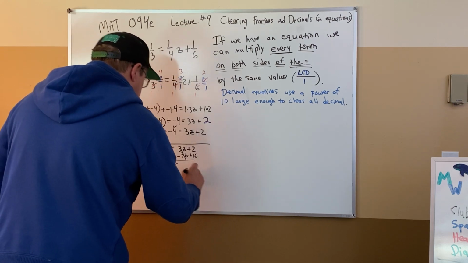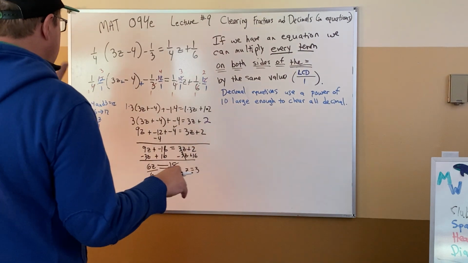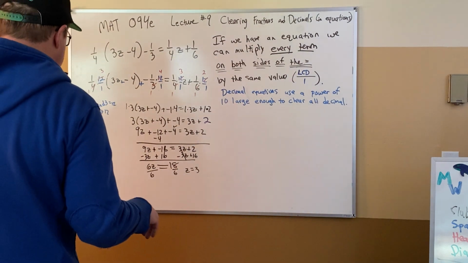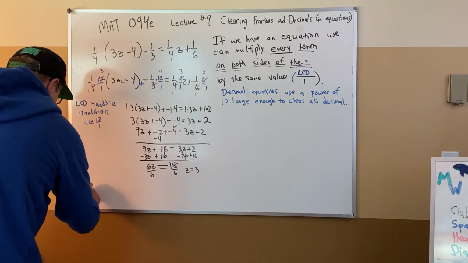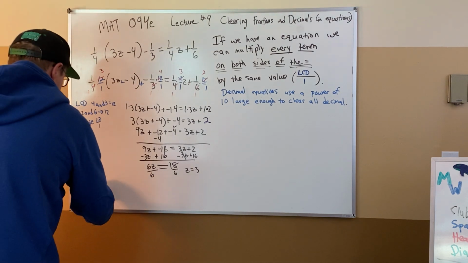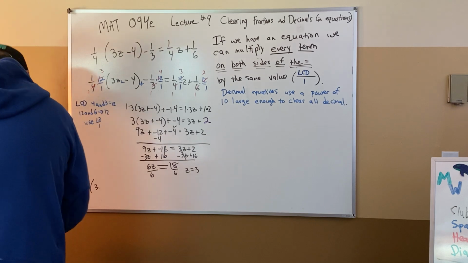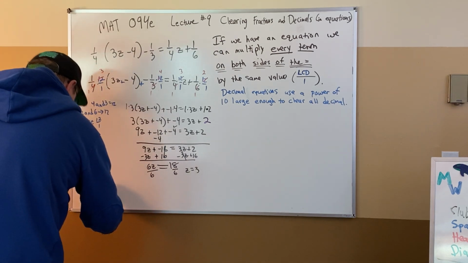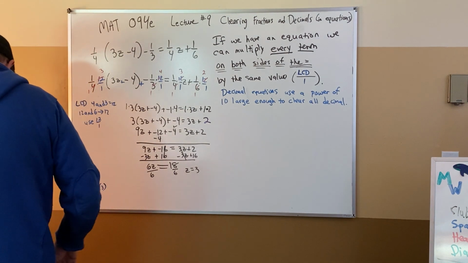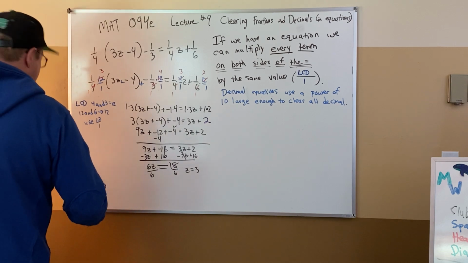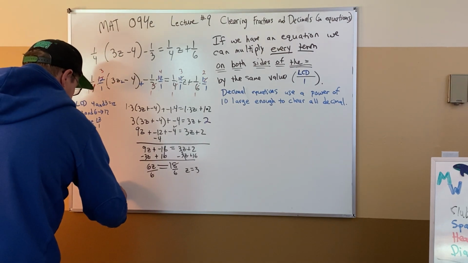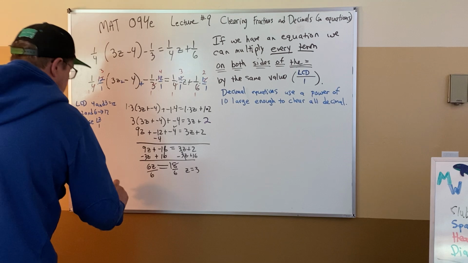Z equals 3. 3 should go in and make things happen in the very original equation. So 1/4 times 3 times 3, let me get my blue 3 in here. Minus 1, close the parentheses, minus 1/3.